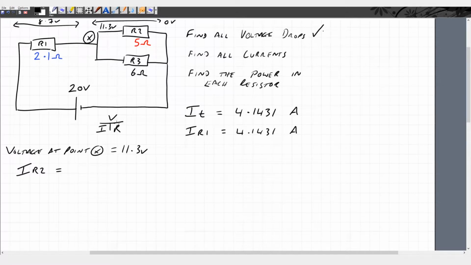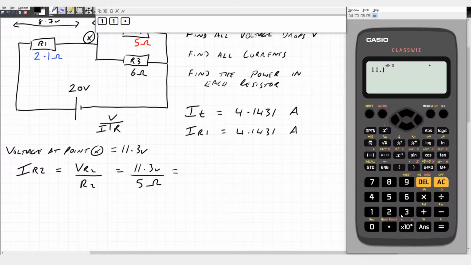So the current in R2 is the voltage across R2 divided by the resistance of R2. That's equal to 11.3 divided by 5. That's 2.26 amps because we used volts and ohms, so we're going to end up with amps.